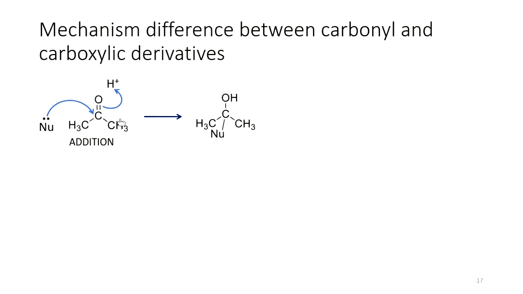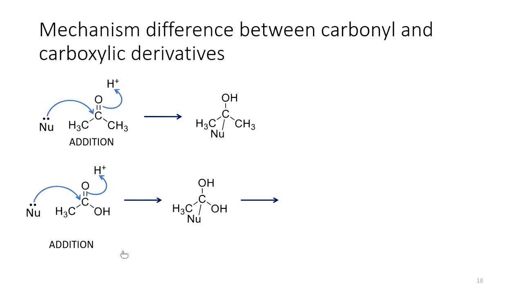So we know that if we have this ketone here, and there's a nucleophile, whether the nucleophile is an alcohol or an amine or whatever, we have our addition reaction taking place, where we're forming a carbon-nucleophile bond, and we're breaking this carbon-oxygen pi bond, and we also form this oxygen-hydrogen bond. So this is the addition reaction for our carbonyl compound.